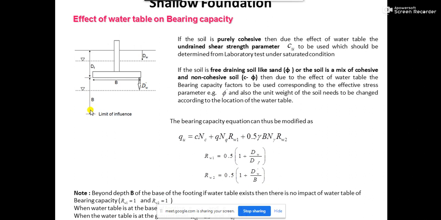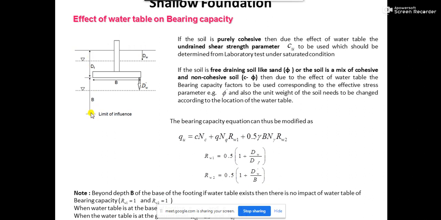Now suppose the question is asked in this way: the water table is present at a depth of 3.5 meter below the ground level. What does it mean? Ground level is here. This is 1 meter, from here to here it is 1.5 meter, so the total is 2.5 meter.